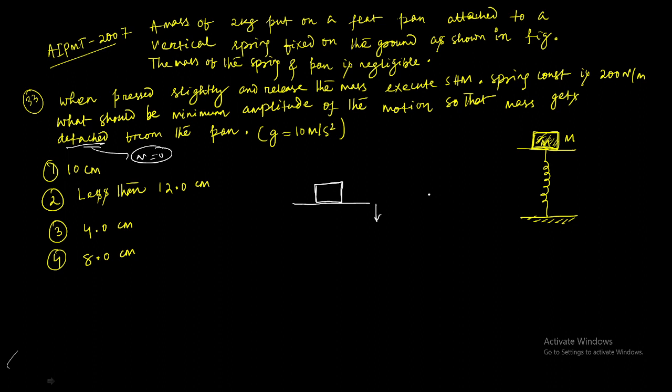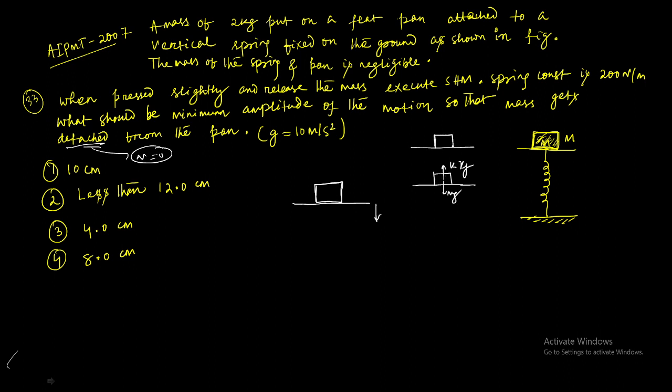So let's say this is your equilibrium position of this pan. At this position this will be your mg and this will be ky along this direction. Now this is your extreme position.